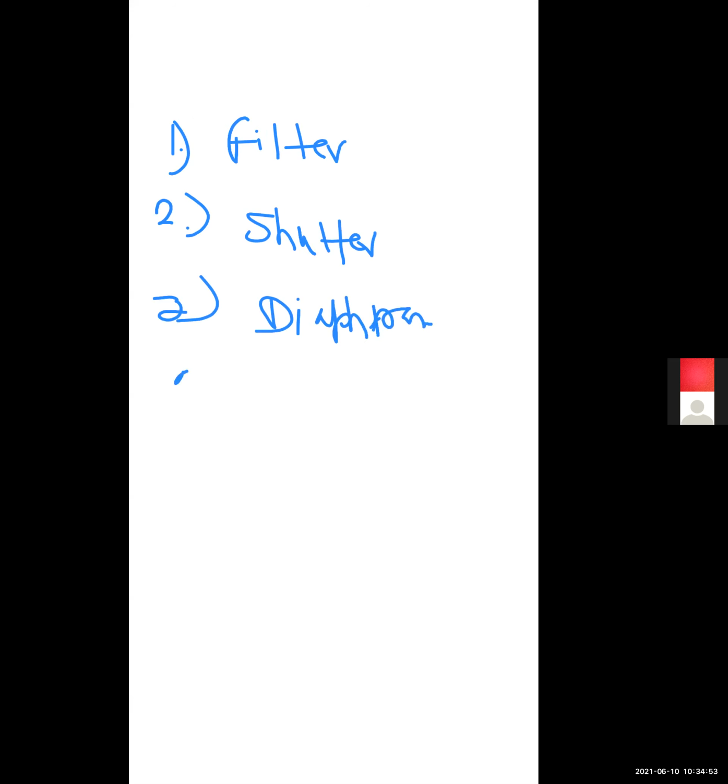Third is diaphragm, and D is azimuth. Filter, shutter, diaphragm, or azimuth? All about aerial cameras, not phototheodolite.